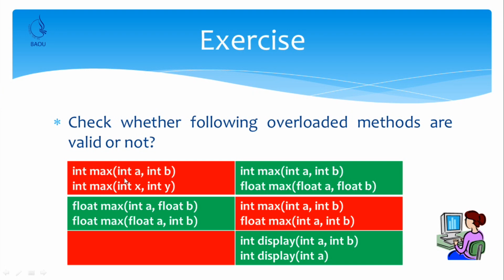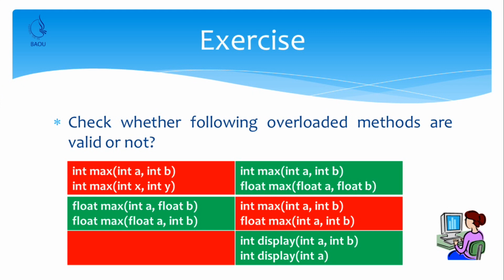The first method has two integer parameters and the second method also has two integer parameters, but here the names of the parameters are a, b and here the names are x, y. You have to tell whether it is valid or not. This is not valid.